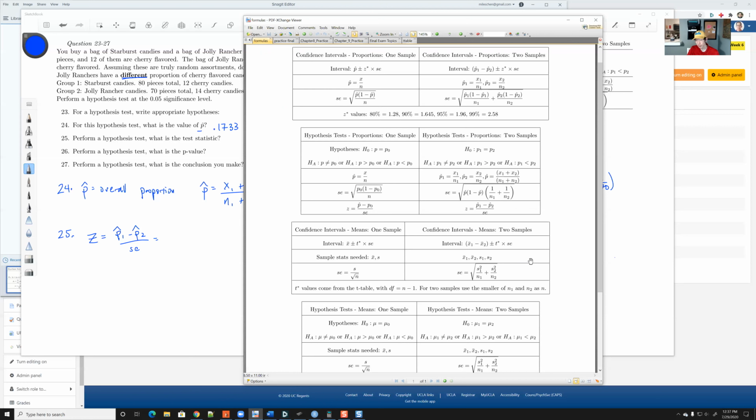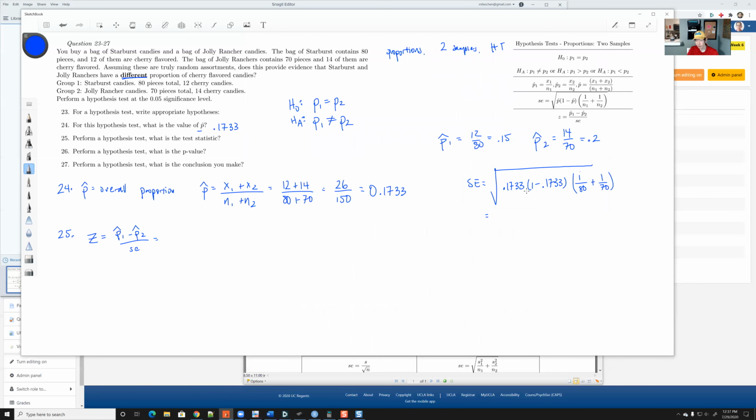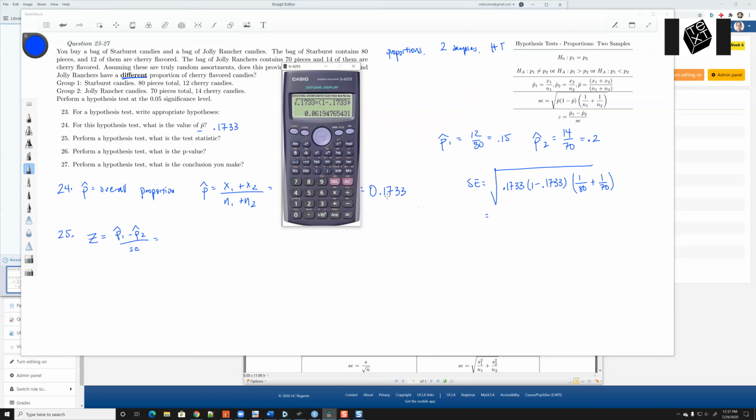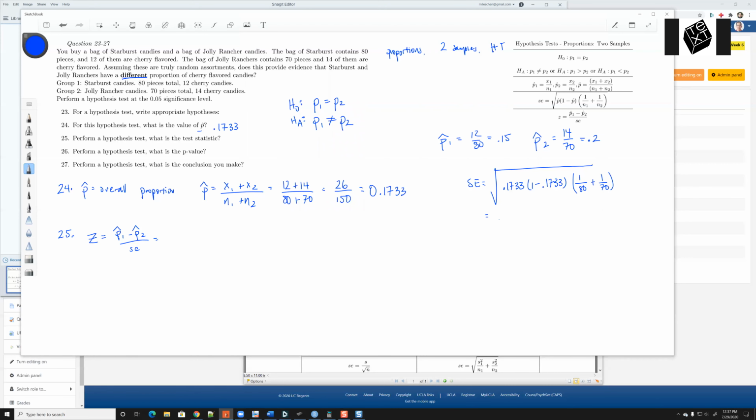Here's an example where we have two different sample sizes. One has a sample size of 70 and one has a sample size of 80. I'm just plugging in the numbers exactly as I see them. When I do the calculations, I get 0.06195.